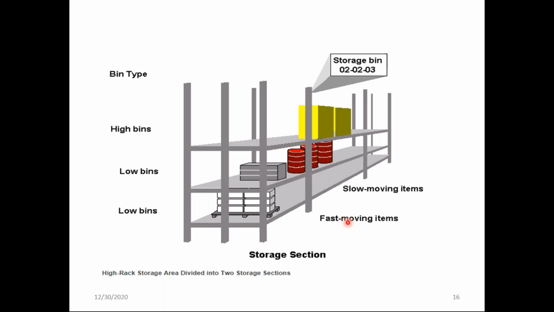Once you as a warehouse manager know which are your fast moving items and which are your slow moving items, then you can tell me as a consultant that if I have these kinds of materials for this product group, I want them placed into the fast moving area. Fast moving area is a section, right? Section number 0001.